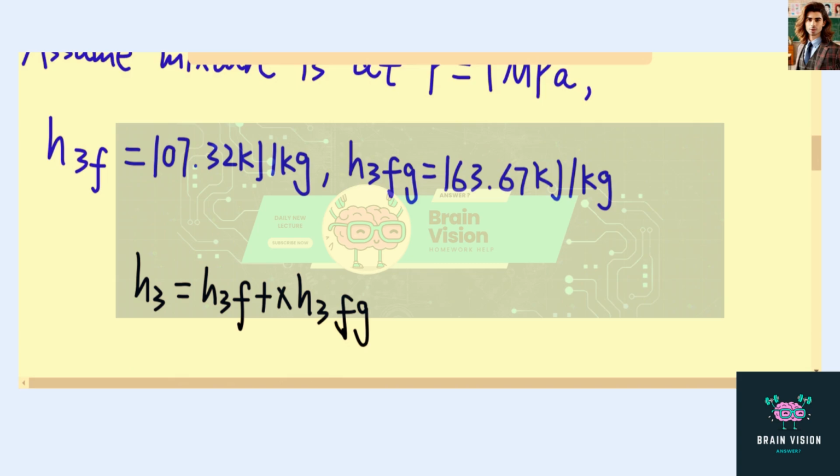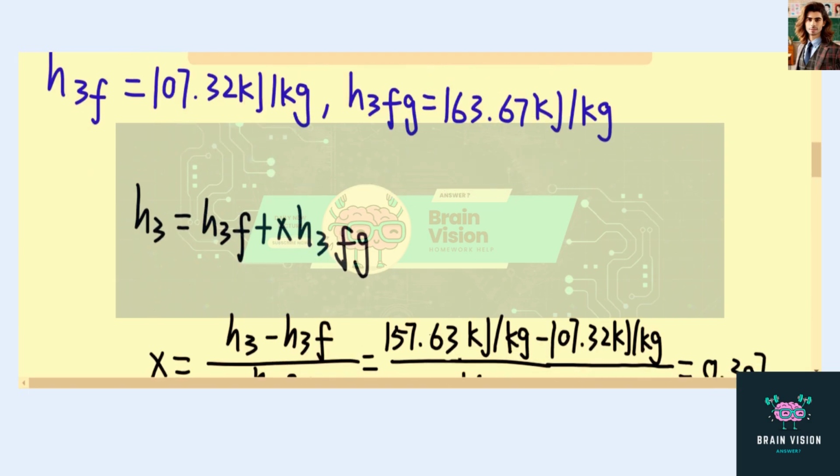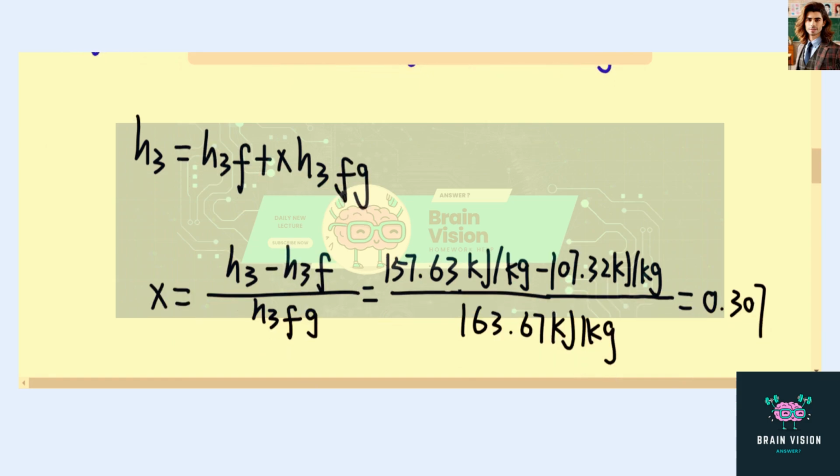So now we can determine the quality of the exiting stream. We have h3 is equal to h3f plus x times h3fg. If we do some rearrangement, eventually we have x is equal to h3 minus h3f over h3fg.